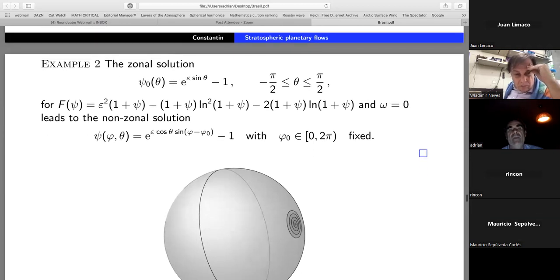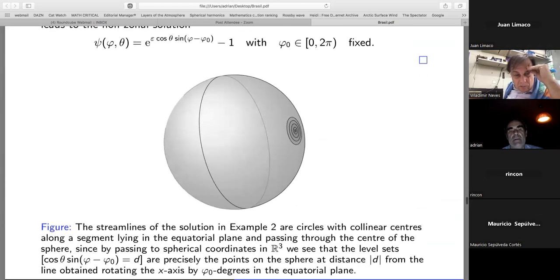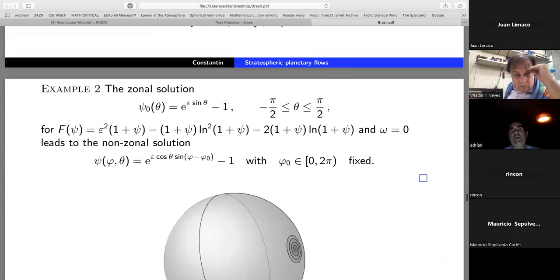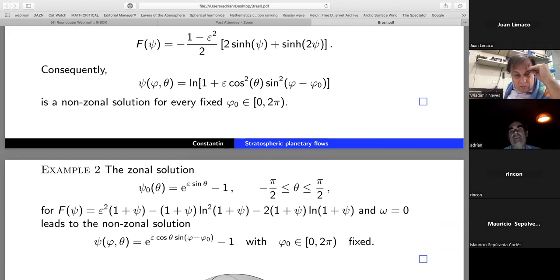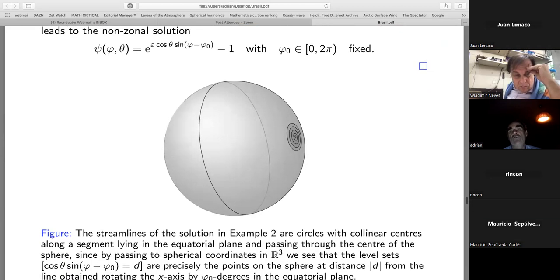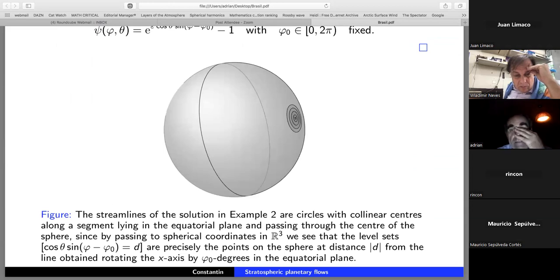And they look very complicated. They are complicated, but in deriving them there is a trick. Geometrically, these solutions describe a flow where everything flows on circles like this.